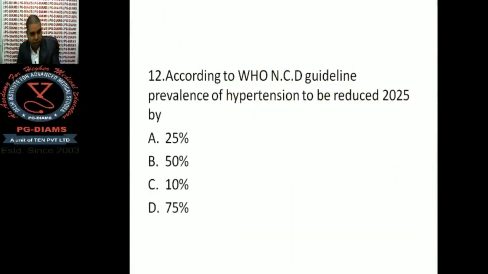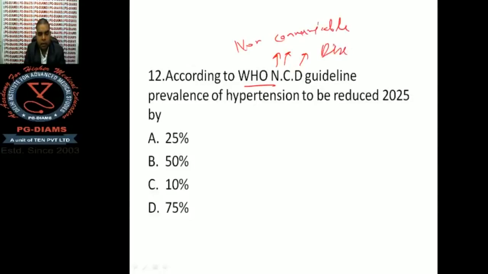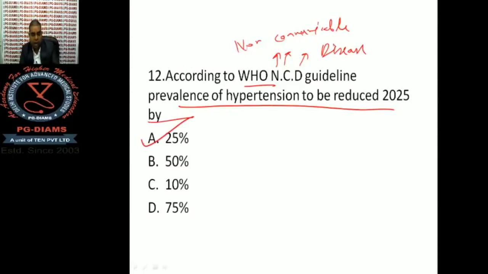Okay. Now moving on to the next question. According to the World Health Organization non-communicable disease guideline, the prevalence of hypertension to be reduced by 2025 is, answer is 25%. This is a question which you have to mug up.